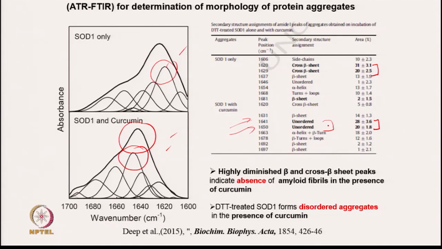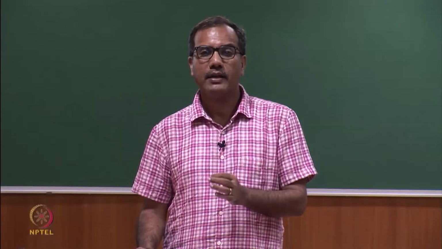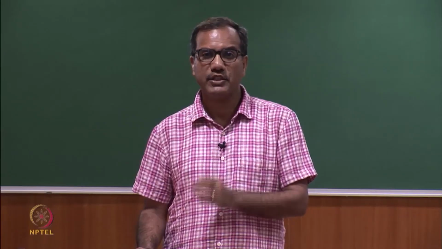So, what does that mean is that highly diminished beta and cross beta sheet peaks indicate absence of amyloid fibrils. Amyloid fibrils are basically rich in beta sheet.